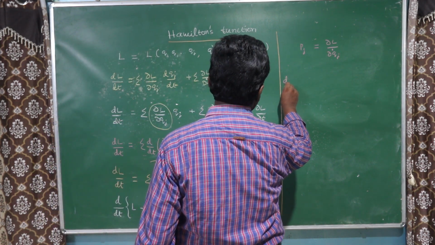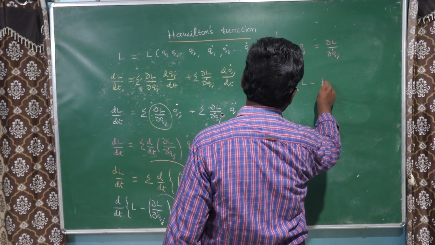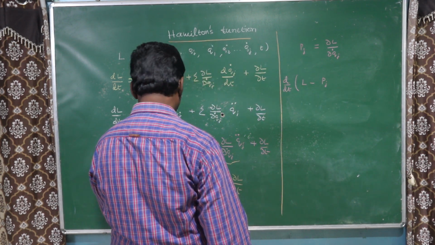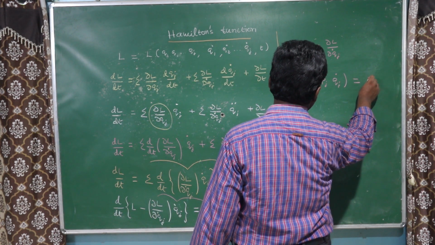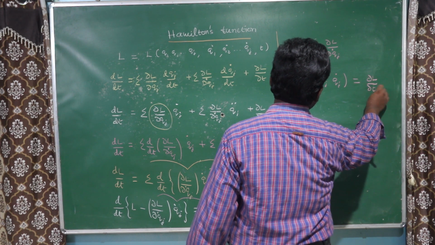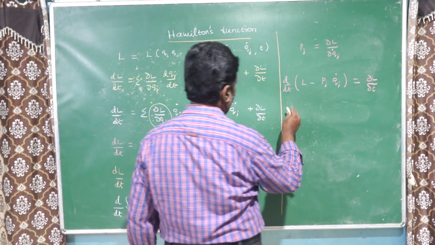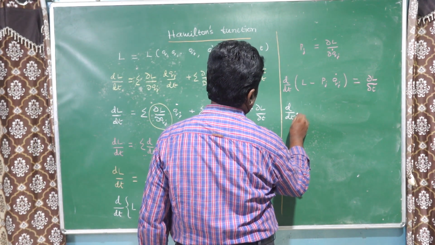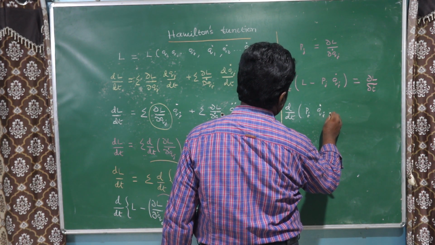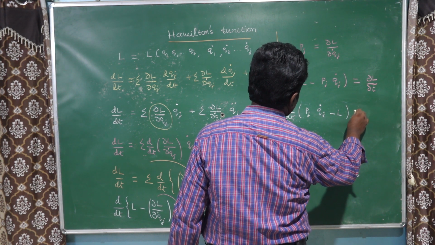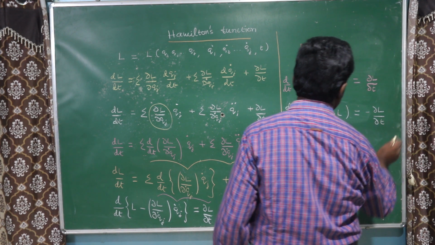Then the above equation is changed as d by dt of L minus Pj qj single dot, which is equal to ∂L by ∂t. Now this is modified as d by dt of Pj qj dot minus L, which is equal to minus ∂L by ∂t.